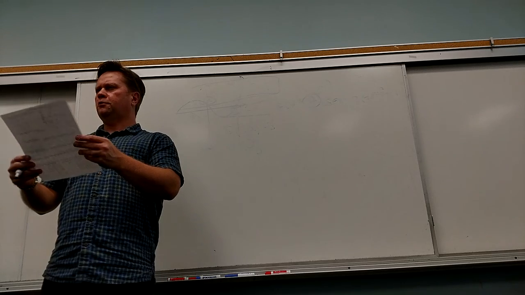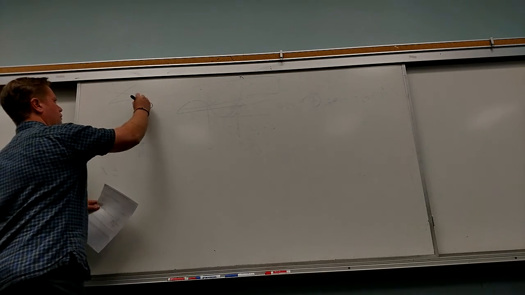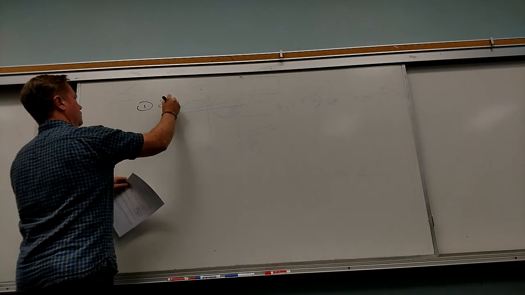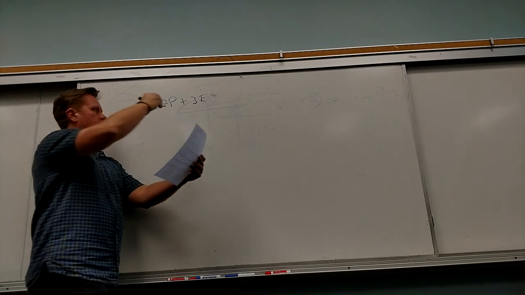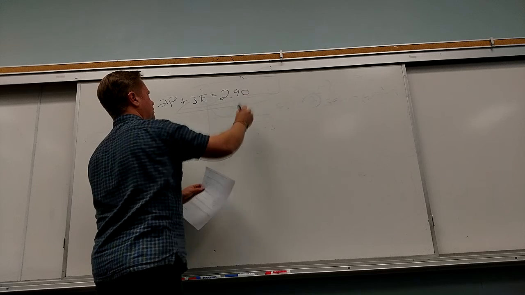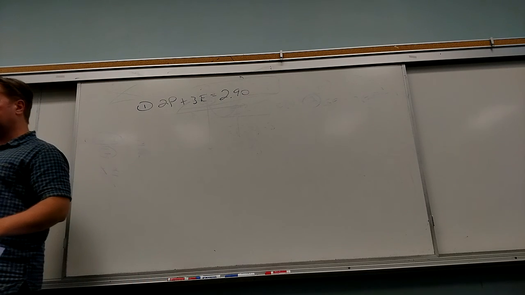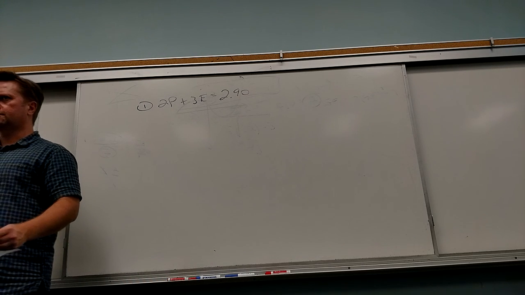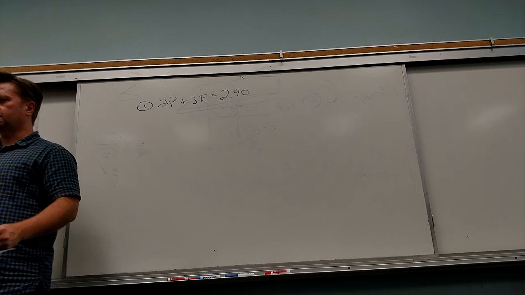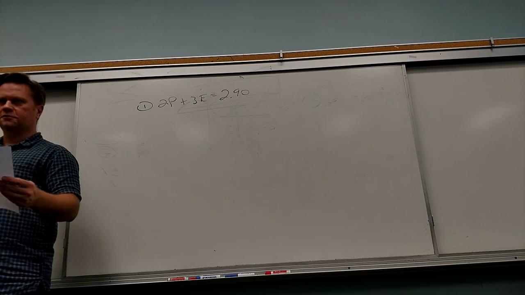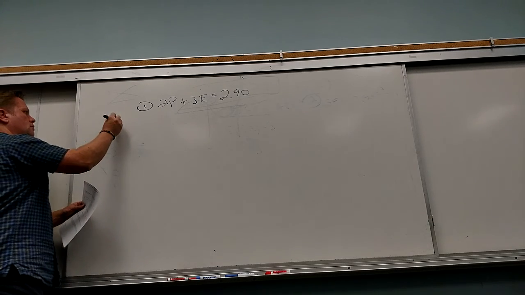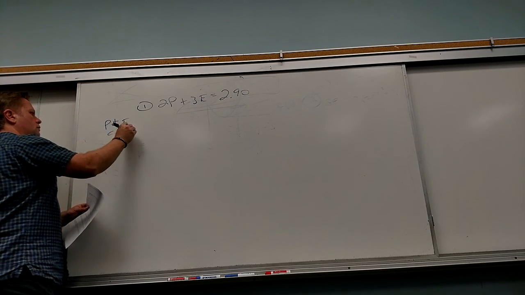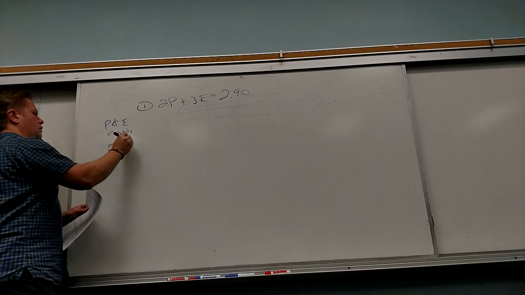Let me catch up. What's the first equation you guys have written? 2p plus 3e equals 2.90. In this case, what did P and E represent? The costs of pencils and erasers, not how many.